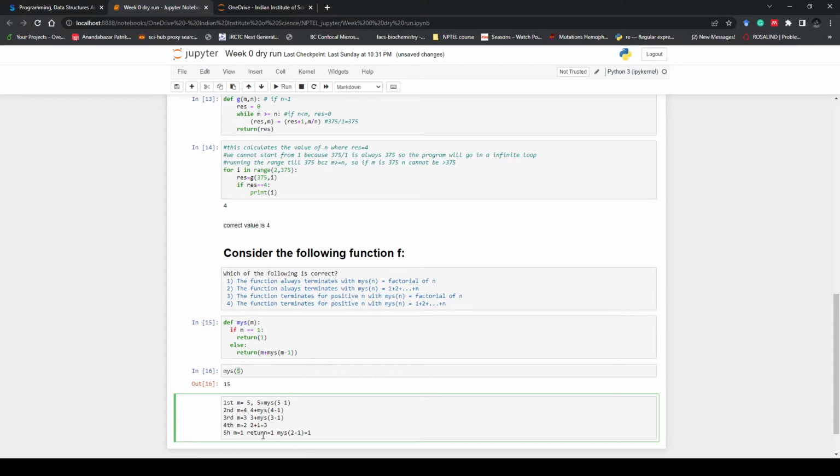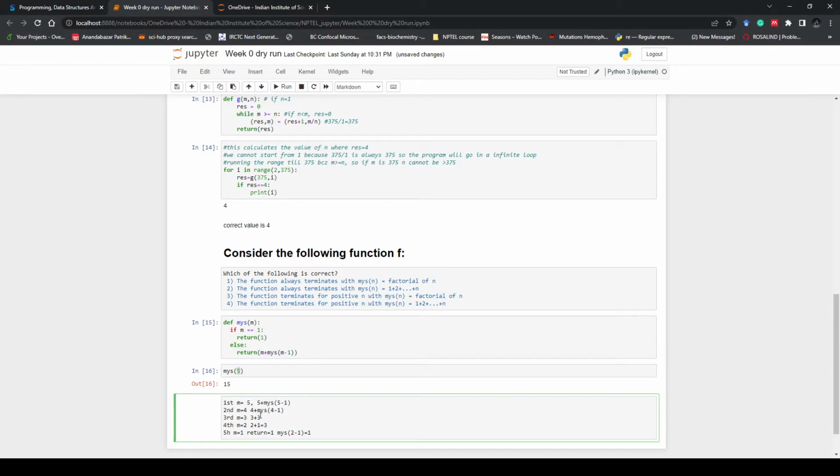So now mys of 2, where m is equal to 2, mys of 1 we can again replace by 3. So it will be 3 plus 3, 6.